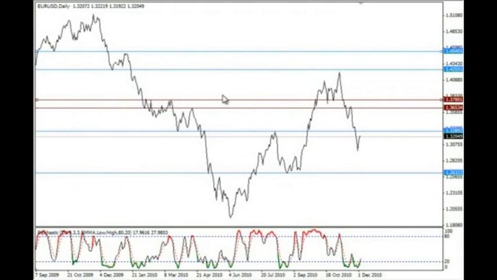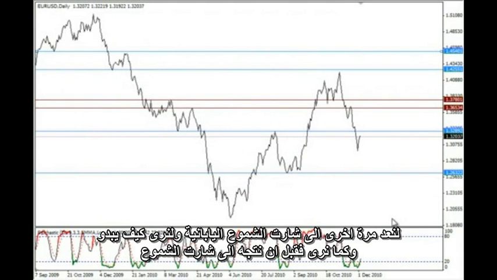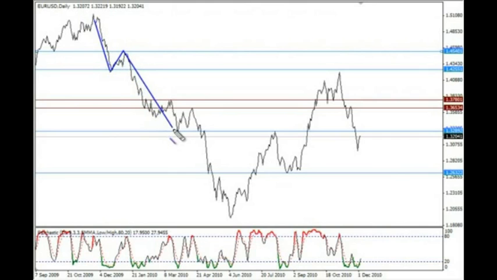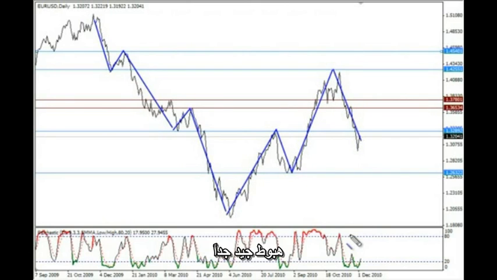So let's go back to our candle chart and see how it looks. Just before we go to the candle chart, you can clearly see a nice drop in price. A very nice drop.